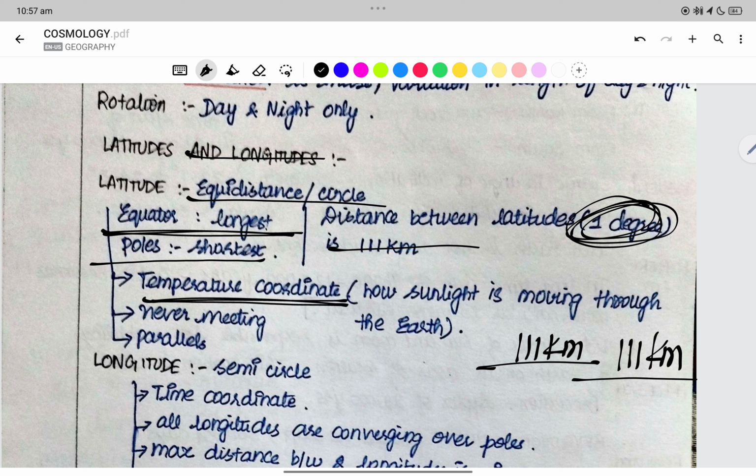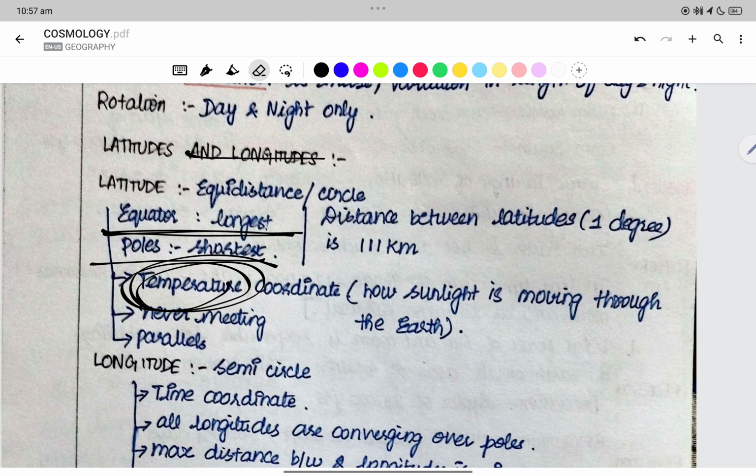Now temperature coordinates. How sunlight is moving through the Earth. Latitude is used for measuring the temperature. Let me tell you by drawing the model Earth. Now first the Earth, sun is here, straight, and then the sun goes to this point. Again the sun comes down, the sun is here.